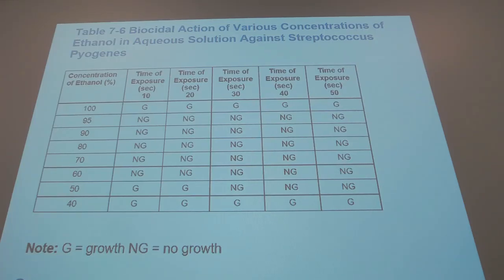So when they're making the disinfectants, how do they decide the concentration? Because 95% to 60% all have the same effect, like across the table. Typically, manufacturers sell this 70% ethanol over the counter.